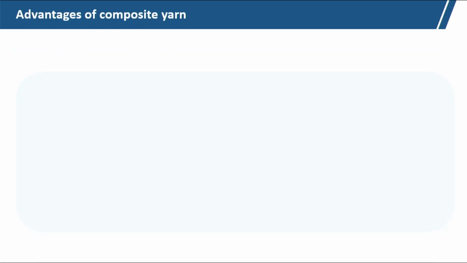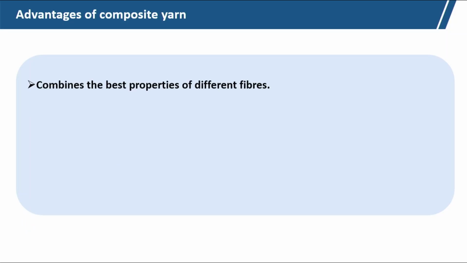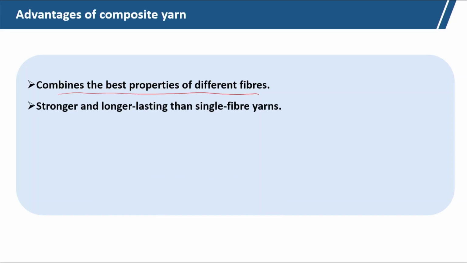So, the advantages are, it combines the best properties of different fibers. So, we can use the positive aspects of a particular fiber, stronger and longer lasting than single yarn.